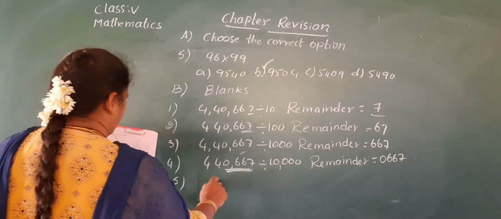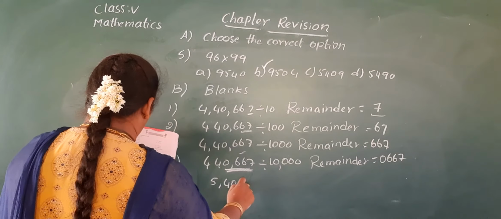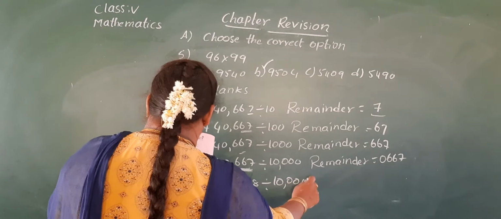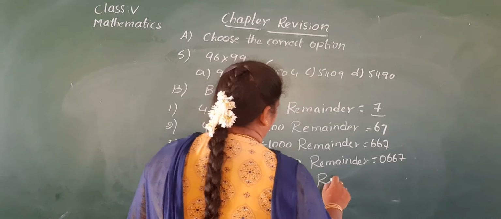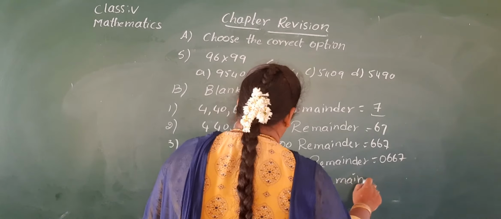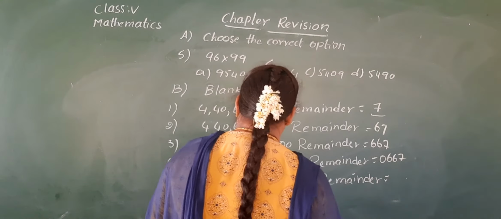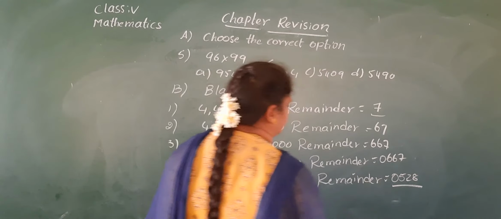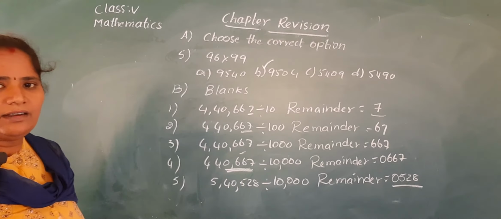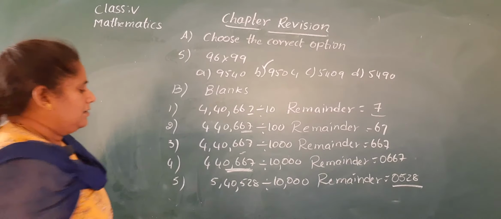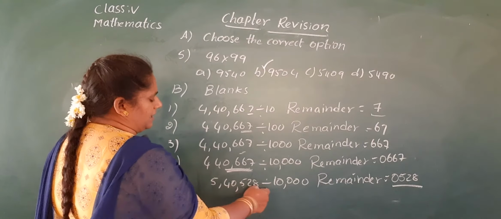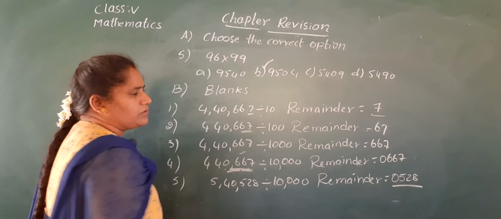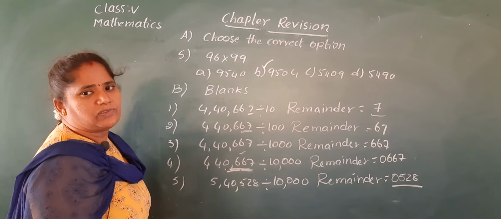And next, 5,40,528 is divided by 10,000. The remainder is 0528. Last four digits 0528 is the remainder. Okay? So the left side 0 has no value, so the remainder is 528. Left side 0 has no value, so the remainder is 667.